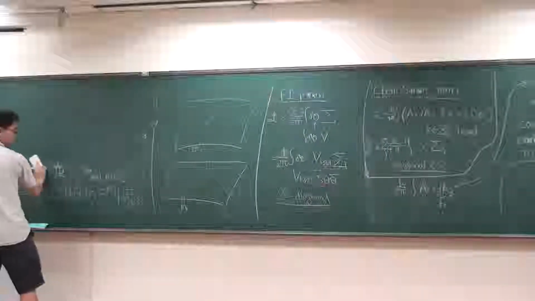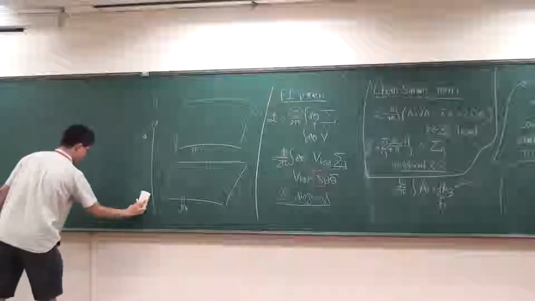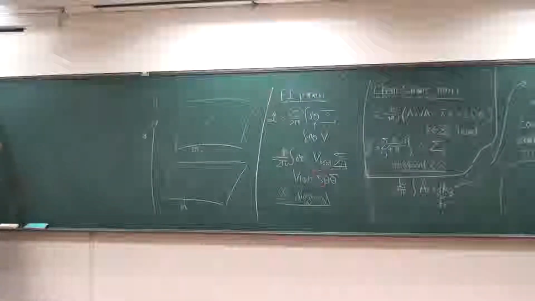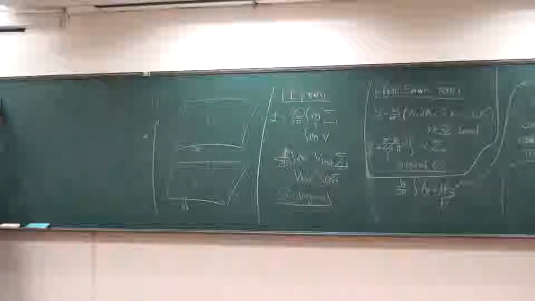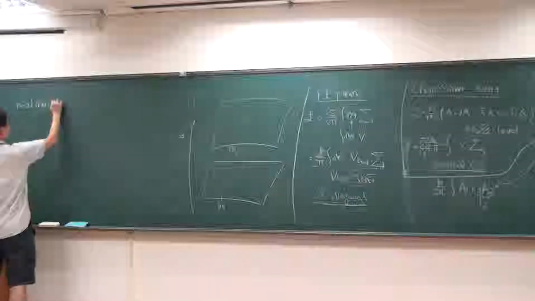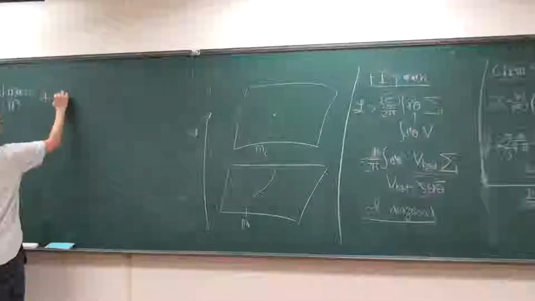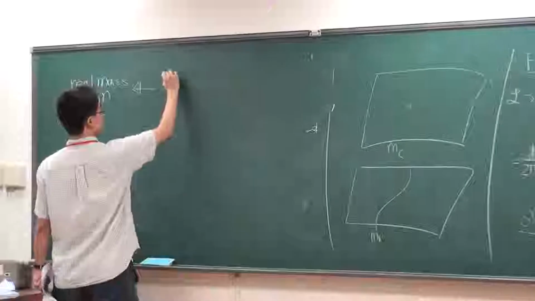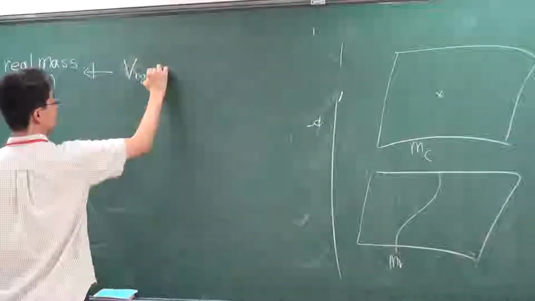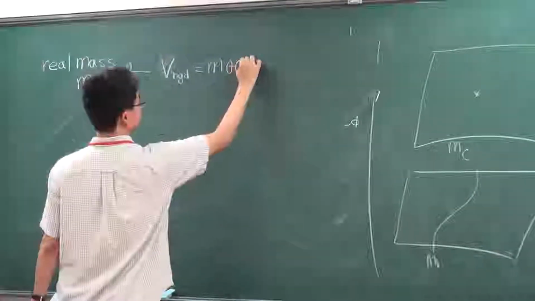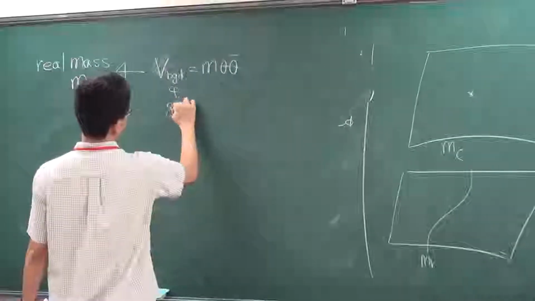Between this real mass and this FI parameter. So let me recapitulate. The real mass parameter, which I wrote as m, is associated to the background value of theta theta bar, for the global U(1).